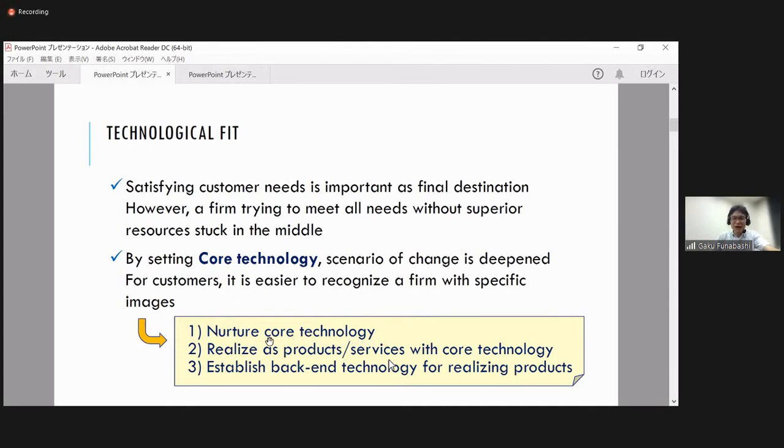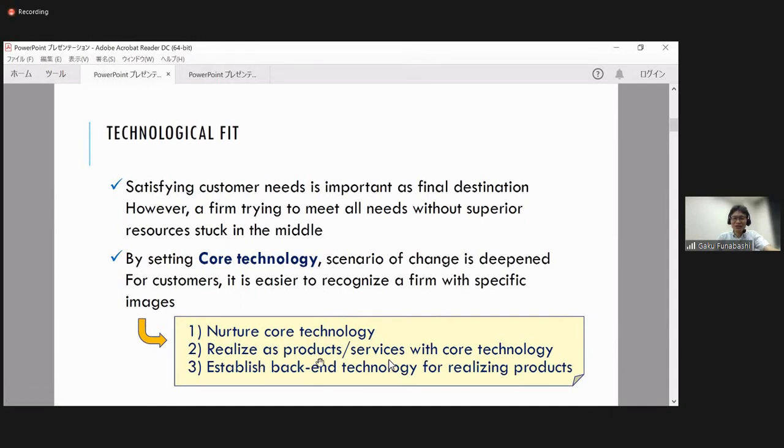After you can have such kind of core technologies, then what you have to think about is to realize that technology as product or services. Again, Ajinomoto, Kewpie realized their core technology, amino acid technology, as a product of the supplement.